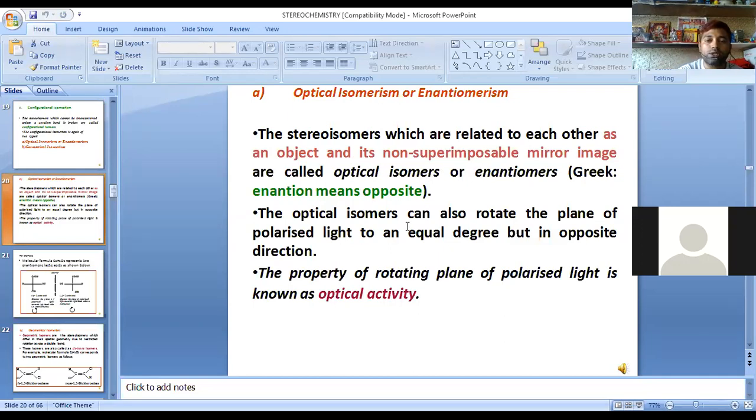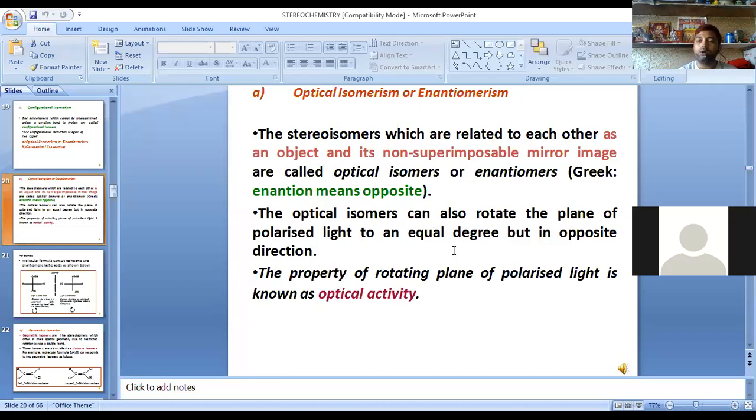The optical isomers can also rotate the plane of polarized light, which is why they are also known as optical isomers. They rotate the plane of polarized light to an equal degree, but in opposite direction.